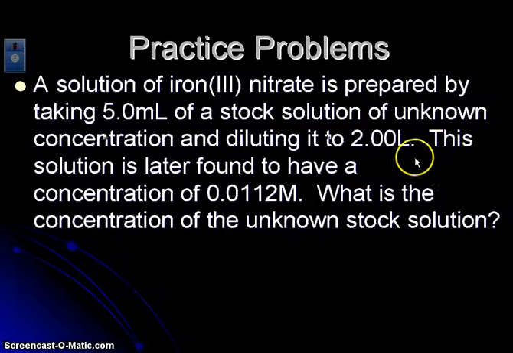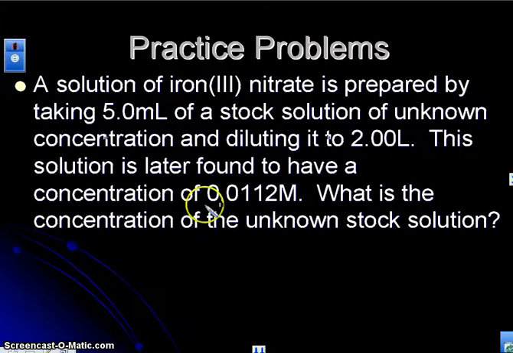This solution that we've made up is later found to have a concentration of 0.0112 molar. So the way that we need to pair this is that this is the molarity that goes with this volume, because this 2 liters of solution is the solution that is found to have the concentration of 0.0112 molar.